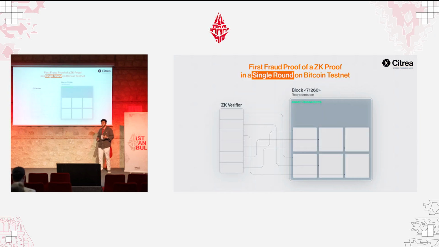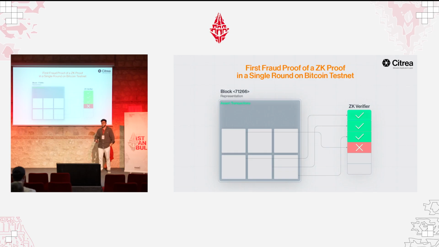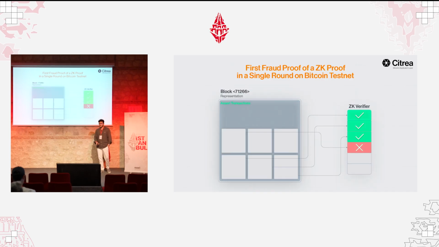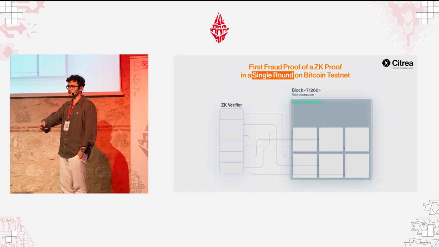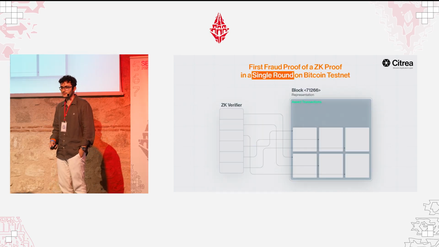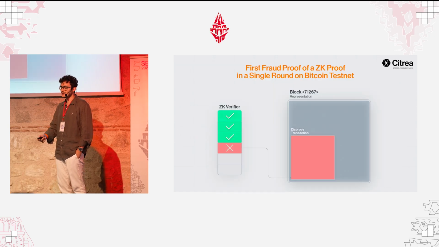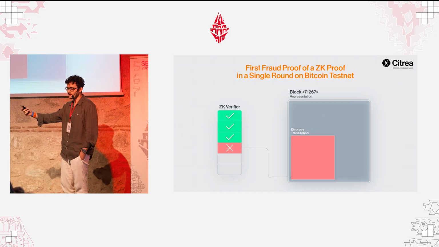Since I'm running out of time, I'll skip these steps, but they're just illustrations showing how that disprove stuff regarding BitVM happens. Basically, just to go over these two slides: you commit to intermediary values of the ZK verifier. When there is a challenge, somebody says, hey, show me what's going on, right?